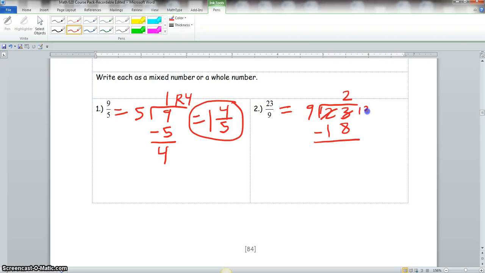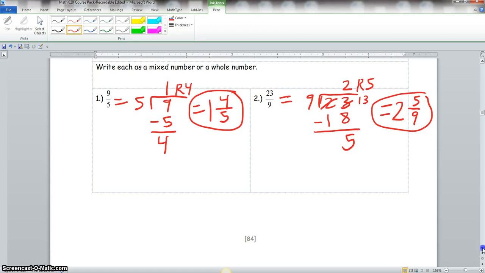And this 3 will become 13. 13 minus 8 is 5. And we know 1 minus 1 is 0. So it'll be 2, remainder 5. So our final answer would be 2, would be the integer. Our denominator would stay the same, which would be 9. And our numerator would be the remainder, which is 5. So it'll be 2 5/9.